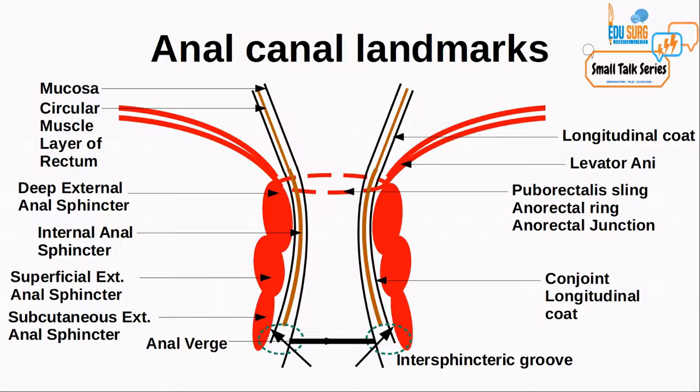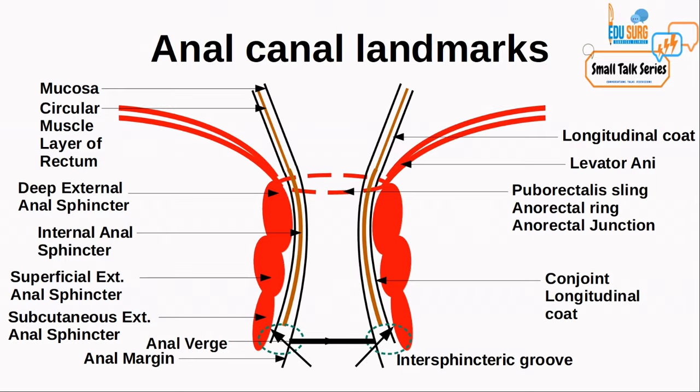Now, anal verge is also defined as a junction between the anoderm and the anal margin. So below the anal verge is the anal margin, which is now also known as the perianal skin, whereas above the anal verge is the anoderm or the anal mucosa, which we will see in the upcoming slide.